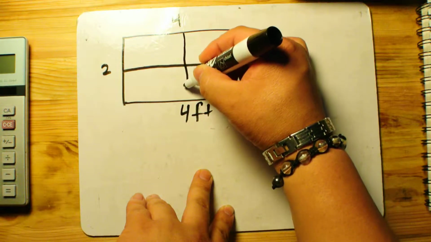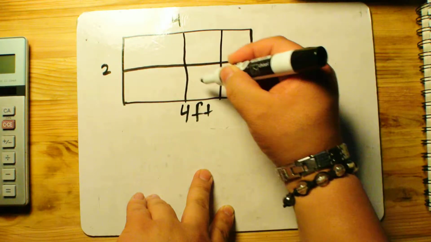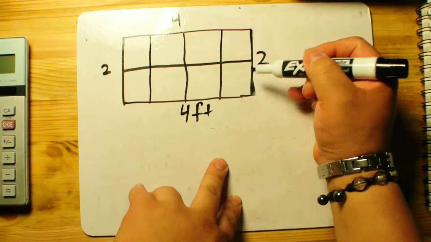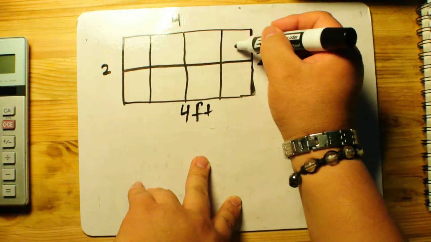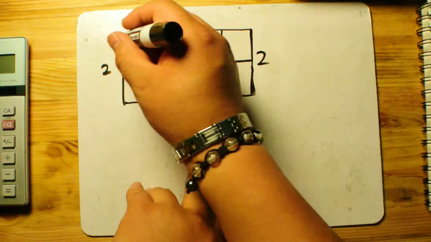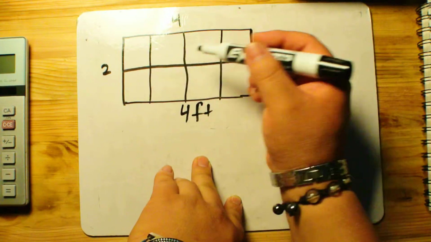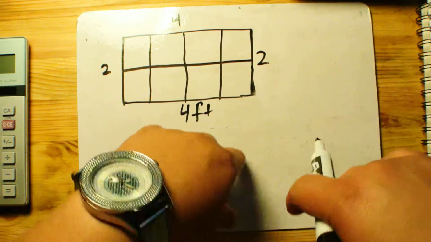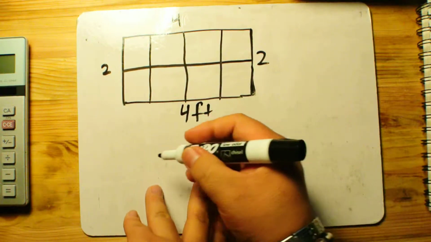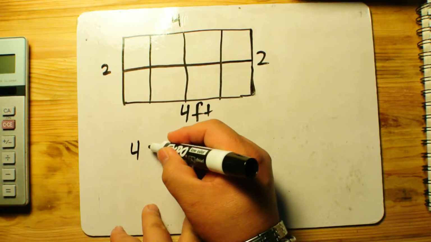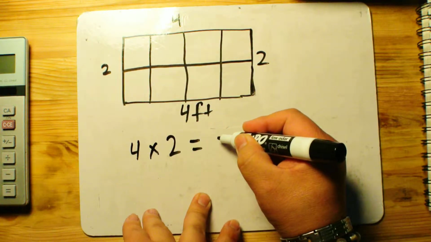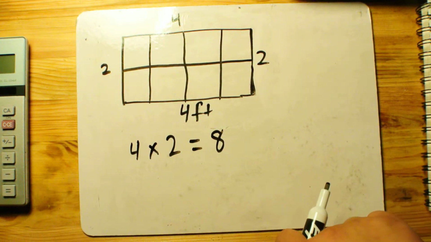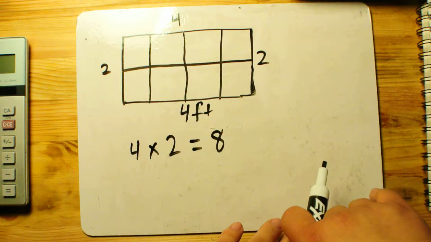This shape has 1, 2, 3, 4 units of whatever the measurement is, and then 2 units down. So we can say that this is 4 by 2, which equals 8. So the area of this would be 8.